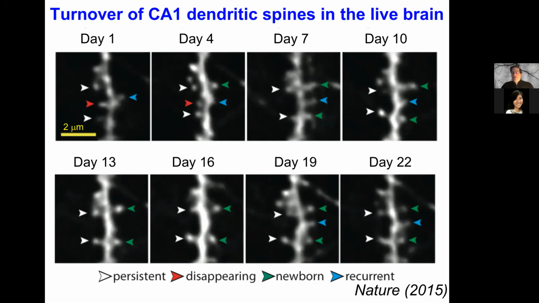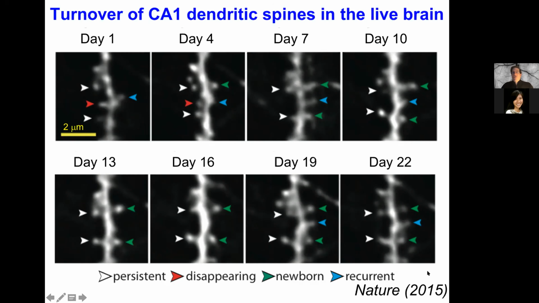And whereas the dendrites were stable over long periods of time in the adult brain, we found that in this case, the synapses were not stable, and we could visualize some of these dendritic spines that appeared midway through a time-lapse experiment, others that disappeared, as indicated by these different colors of arrowheads.